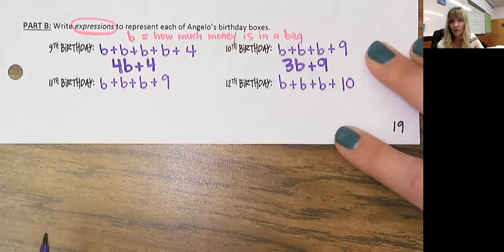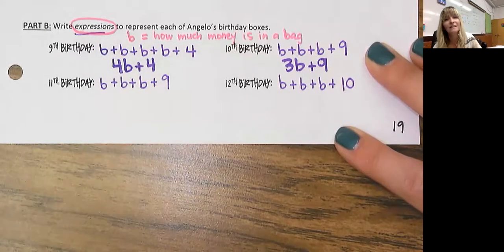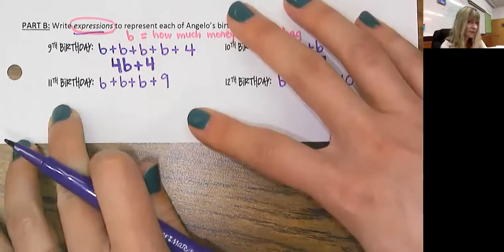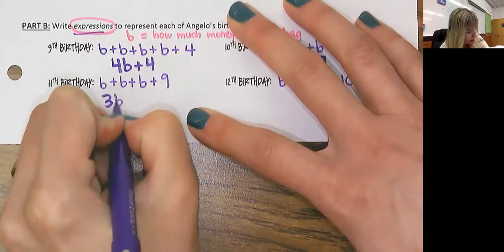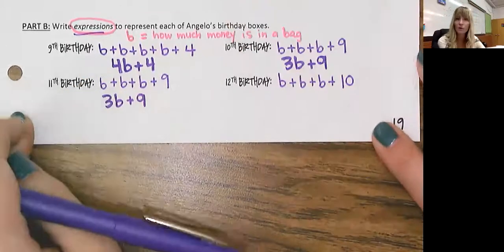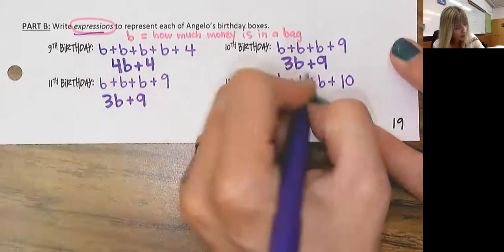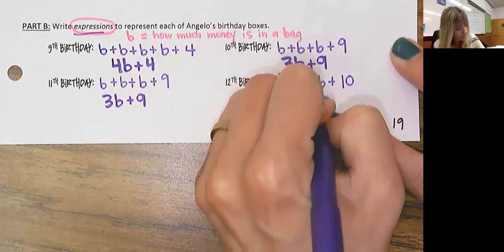They look a little different, but they are in fact equivalent expressions. They represent the same thing. This one is also 3B plus 9. Another verification that 10th and 11th birthdays are equivalent because they have the equivalent expression. Whereas this one is 3B plus 10.